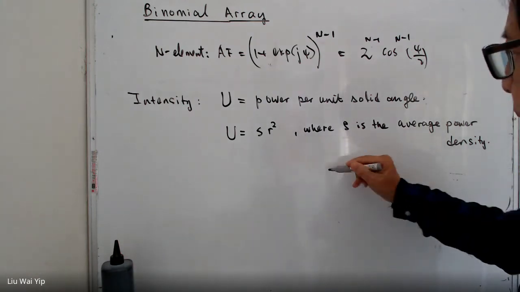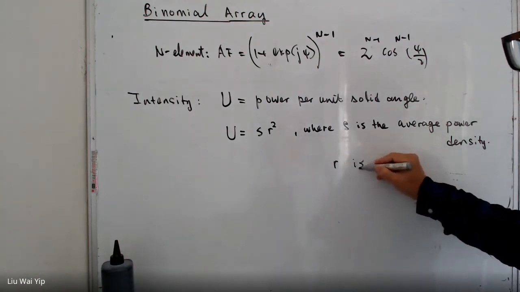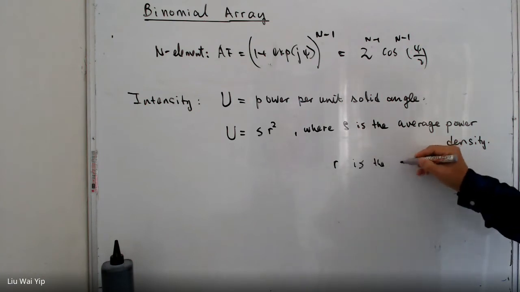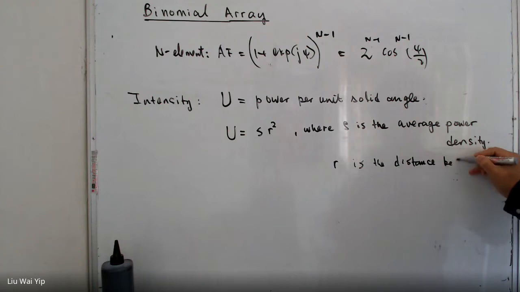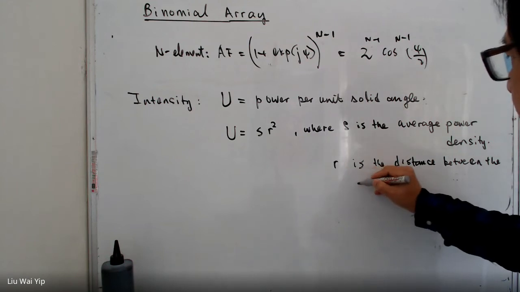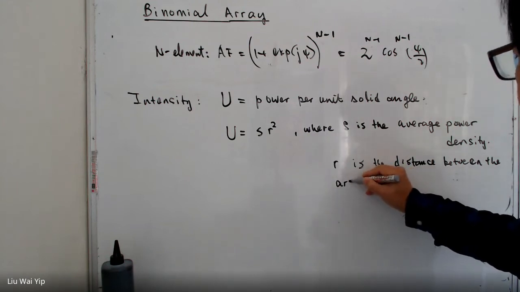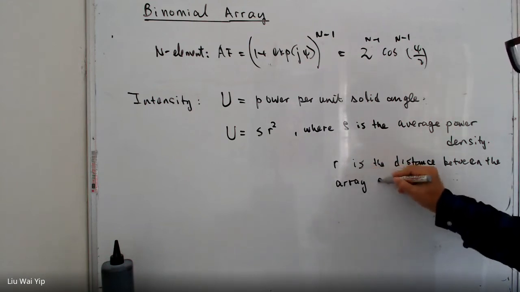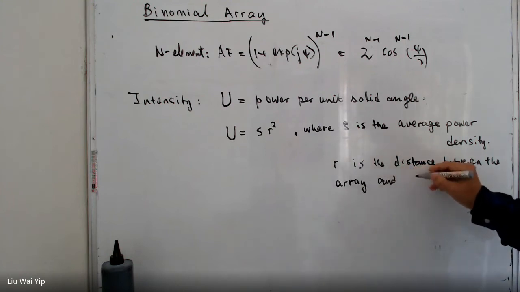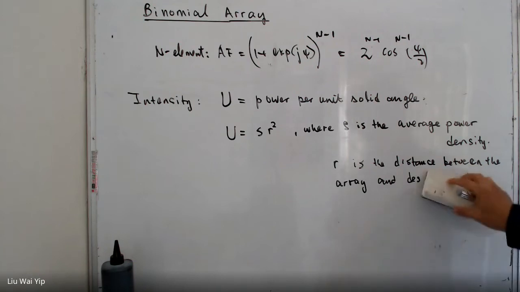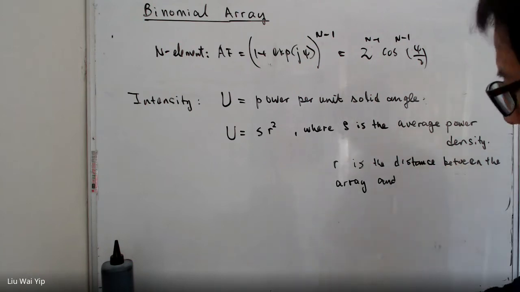And R is the distance between the array and the destination, or say, the receiving end.